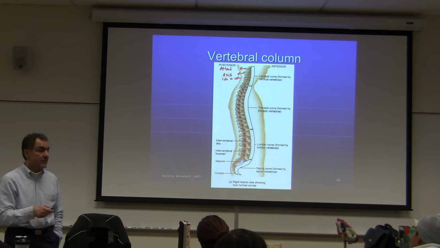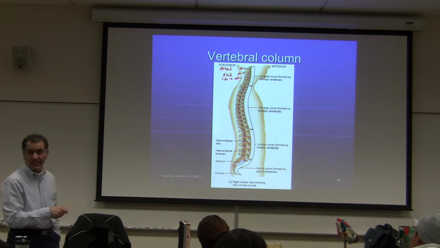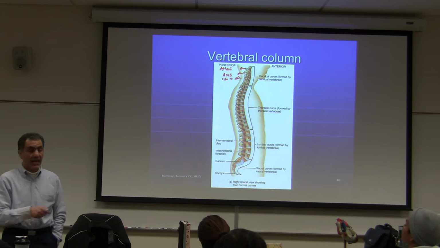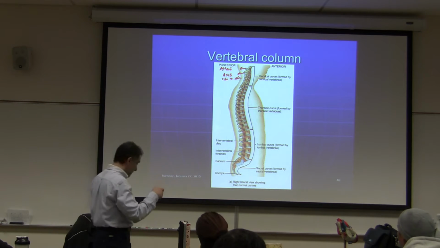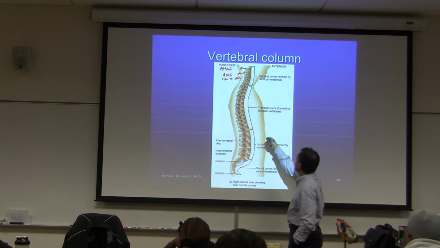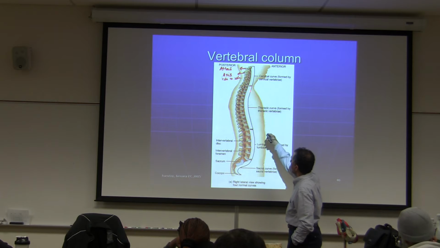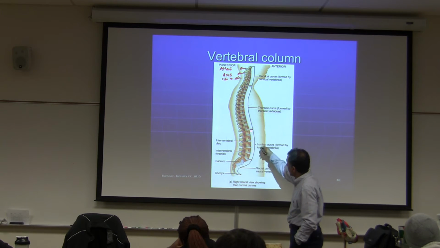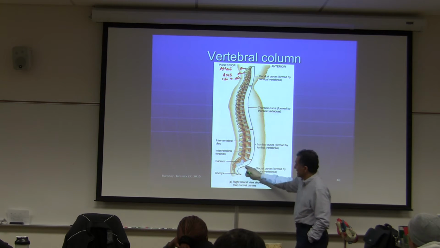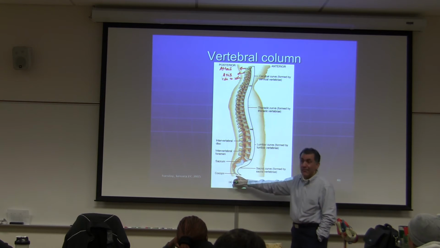And the axis is the bone that allows your head to move to the right or left. And then the bones in the neck are called cervical bones. The bones in your chest area are called thoracic bones, and the bones in the back area are called lumbar bones. And then of course you have the sacrum and coccyx, your tailbone.